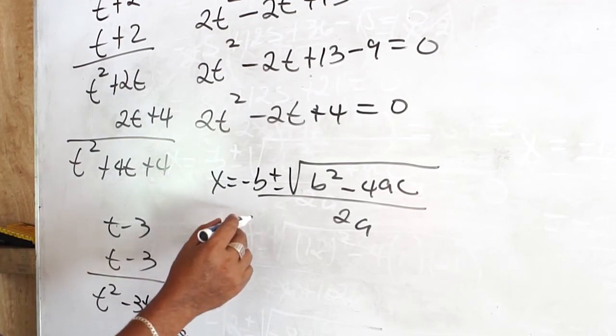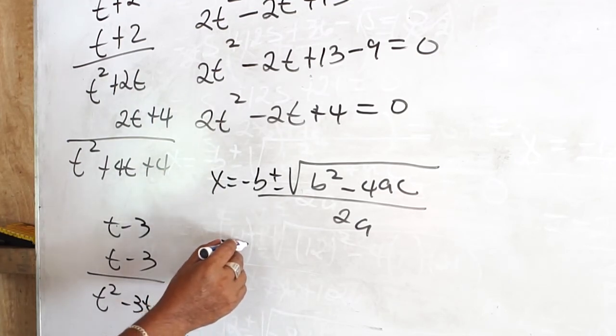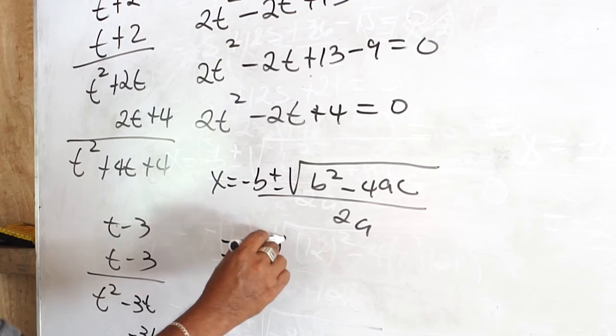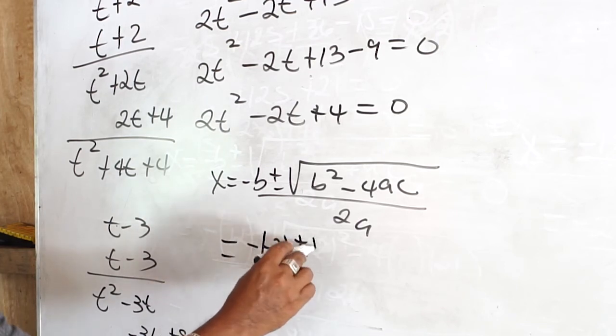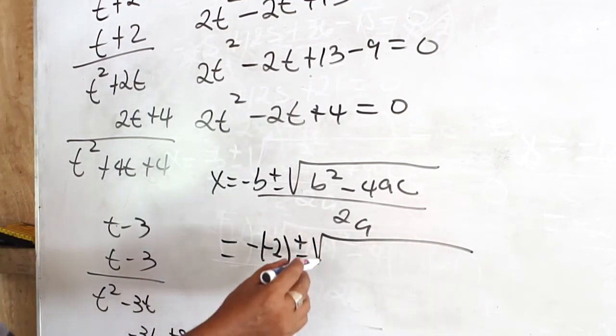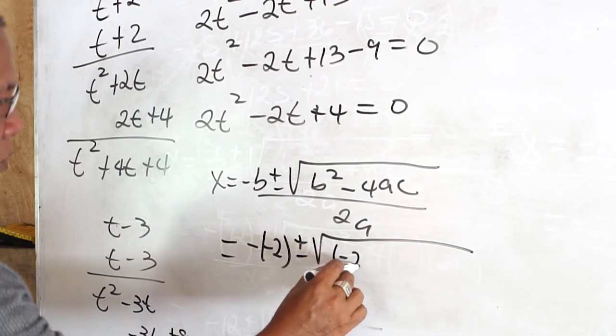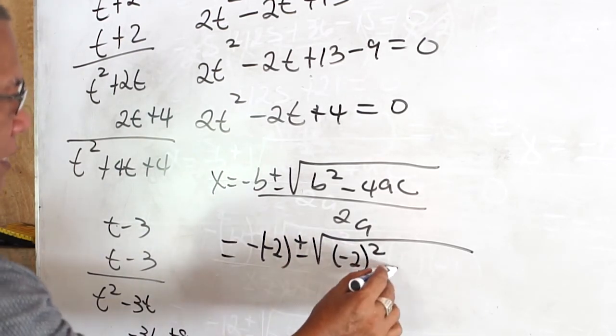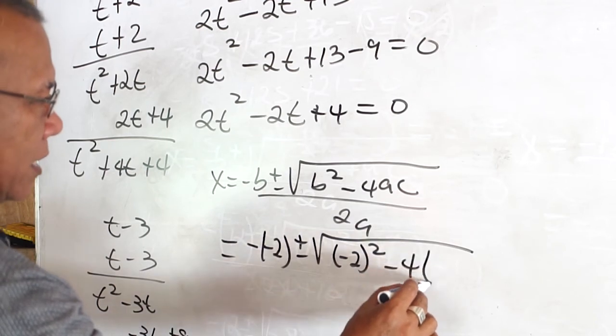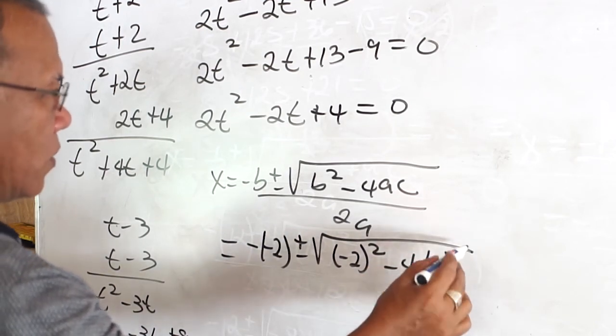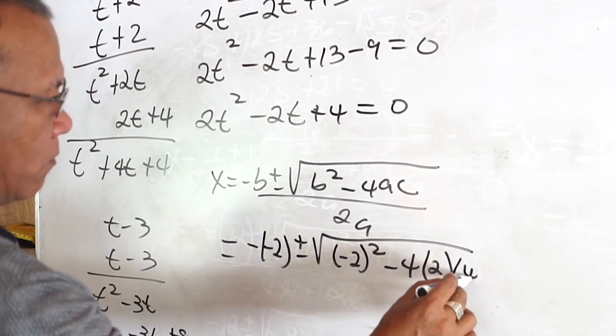So we have simplifying negative, then negative 2, positive and negative, the square root of, okay, we have negative 2 squared, negative 4, the value of a is 2, then the value of c is 4.